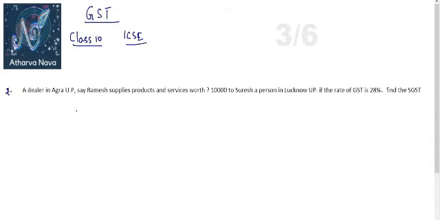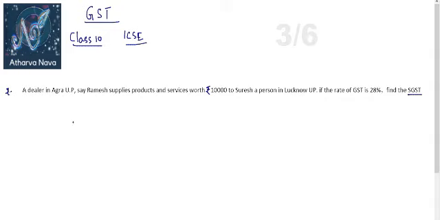Let's continue with the second question, which says a dealer in Agra, UP, say Ramesh, supplies products and services worth rupees 10,000 to Suresh, a person who is in Lucknow. If the rate of GST is 28%, find the SGST. SGST stands for state GST.